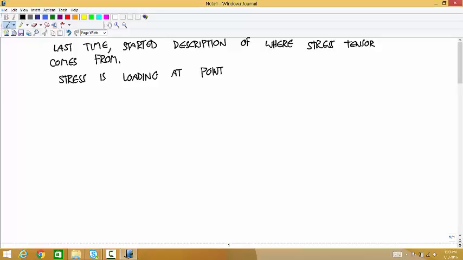And as you shrink down, the couples, the moments produced by the couples shrink faster than the forces, and so the couples end up not being important.